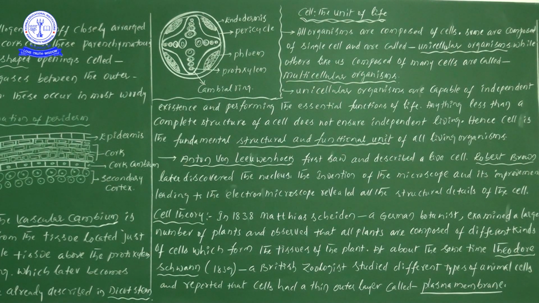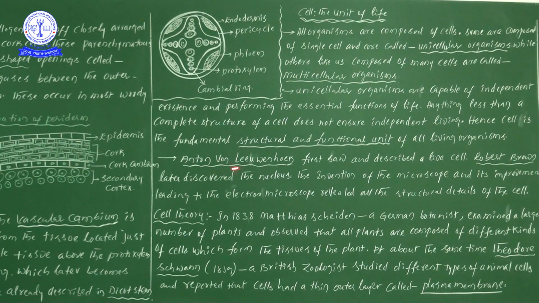That's why we consider this cell as the fundamental structural and functional unit of all living organisms. Simple. I think we have learned this statement in lower standards: the cell is a structural and functional unit of living organisms.